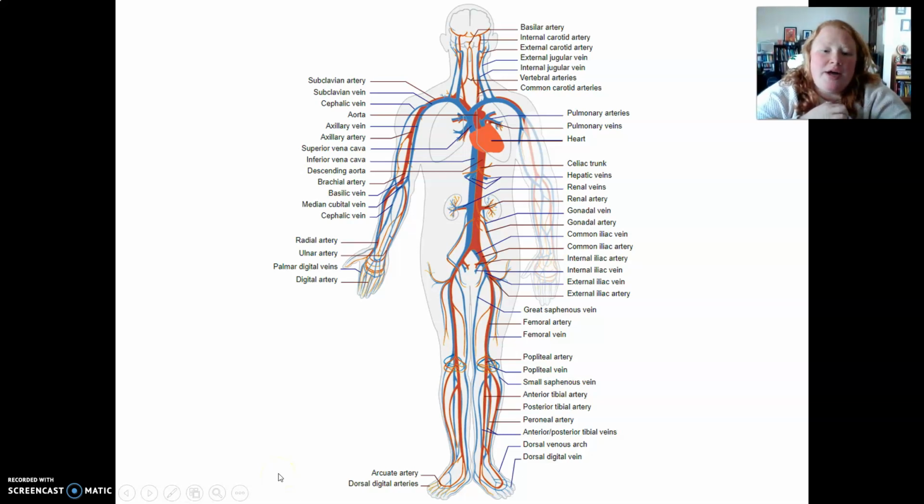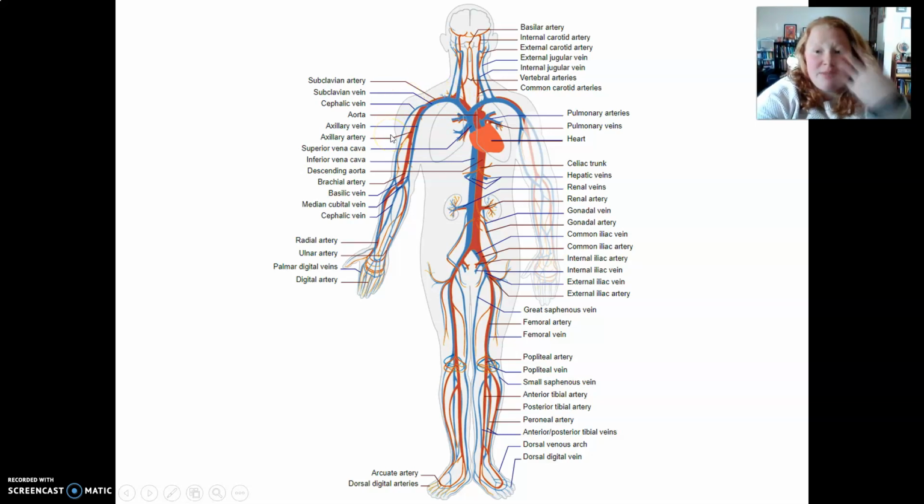So, with the cardiovascular system, it is important to note that it pumps in kind of like a figure 8 cycle. So the blood, if we're starting at your heart, right, the blood will pump out of your heart into your aorta and then go into your big arteries in your body.